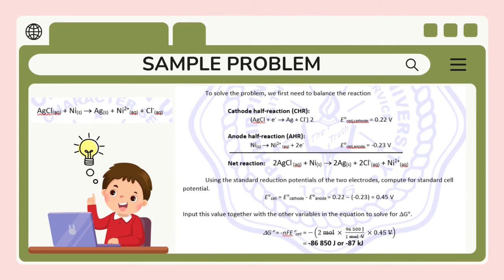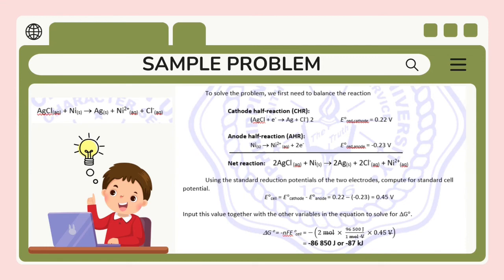So the cathode half reaction is multiplied by 2, and then we add 2 electrons on the anode side. The E of the cathode is 0.22 V, and the E of the anode is negative 0.23 V. For the net reaction, we have 2 AgCl (aq) + Ni (s) produces 2 Ag (s) + 2 Cl⁻ (aq) + Ni2+ (aq).